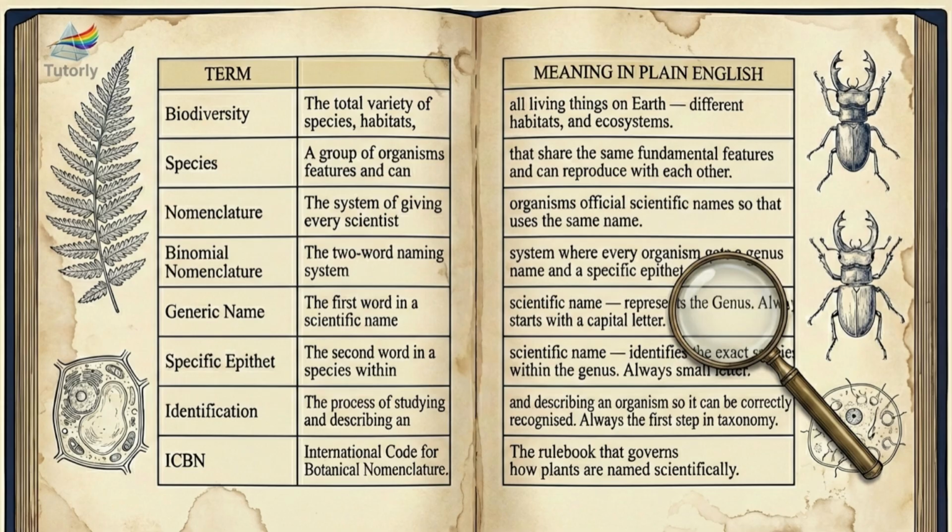Identification. The process of studying and describing an organism so it can be correctly recognized, always the first step in taxonomy. ICBN. International Code for Botanical Nomenclature. The rule book that governs how plants are named scientifically.